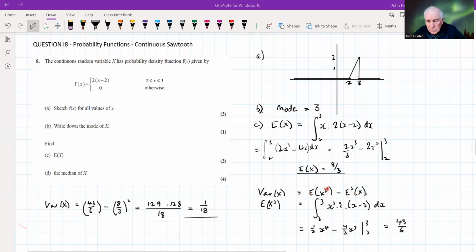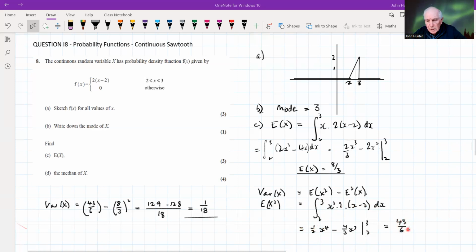What is this? Well, it's pretty much the same thing, really. Instead of multiplying by x in this integral, we're multiplying by x squared. So if we evaluate this integral, x squared times the probability of x across this range, and work it through, we get this value 43 divided by 6.